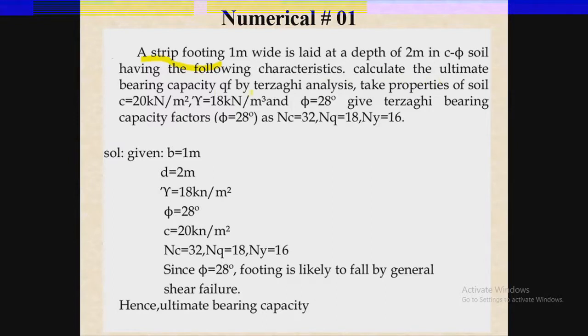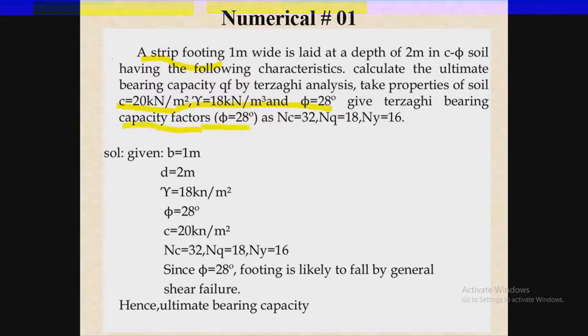Calculate the ultimate bearing capacity qf by Terzaghi analysis. Take properties of soil as C equal to 20 kN/m², gamma equal to 18 kN/m³, and phi equal to 28 degree. Given Terzaghi bearing capacity factors.